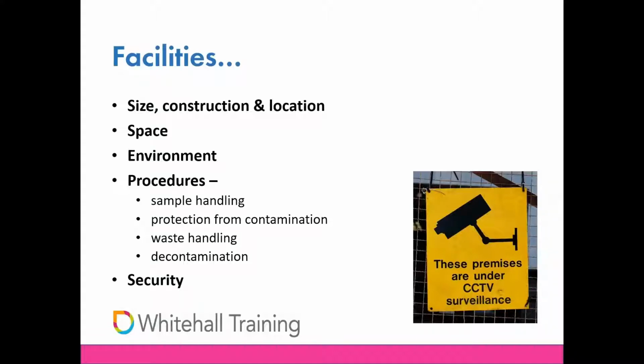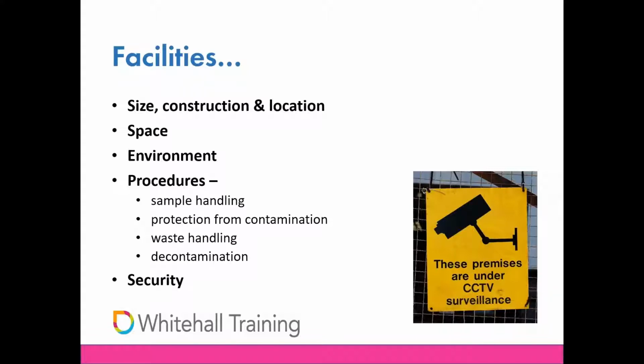Now, I've also already talked about the facilities being suitable so that different operations can be separated, but that separation can either be done physically or through time, because it may be that the facilities aren't large enough for them to be physically separated, so phasing different activities at different times can provide the separation you need.